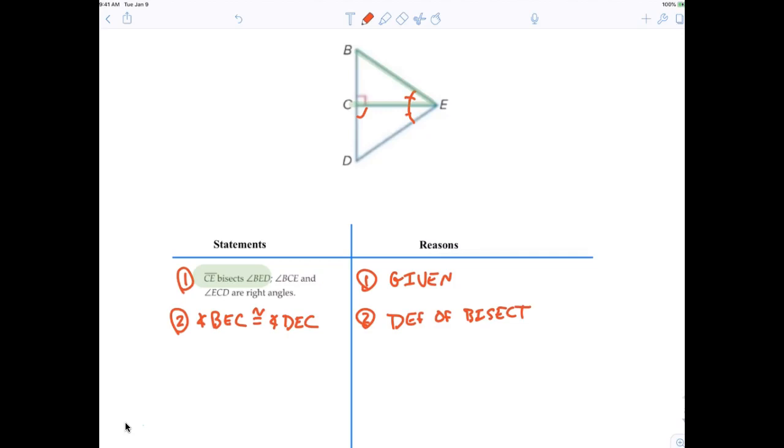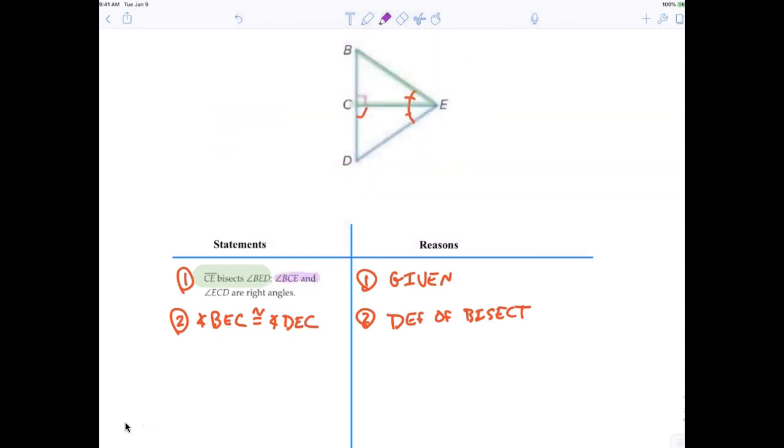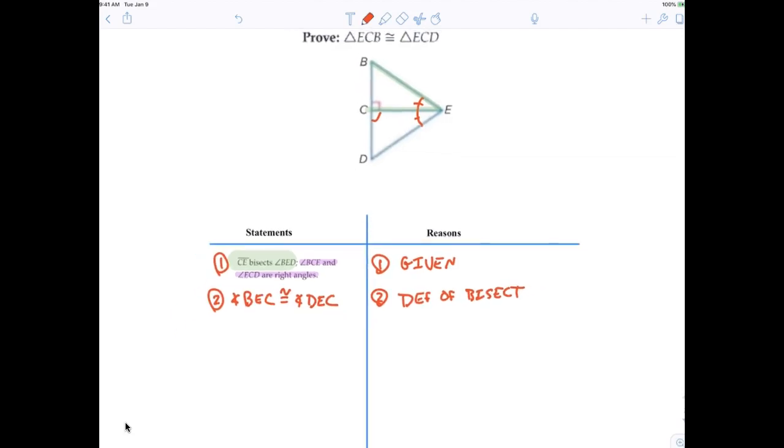Okay, so now I'm going to look at the next given. This and this. Somebody help me out. How do I use that, Charlotte? Yes, I like that.